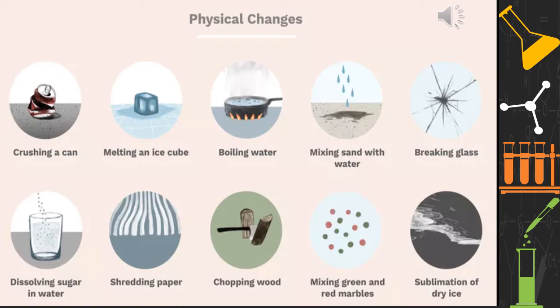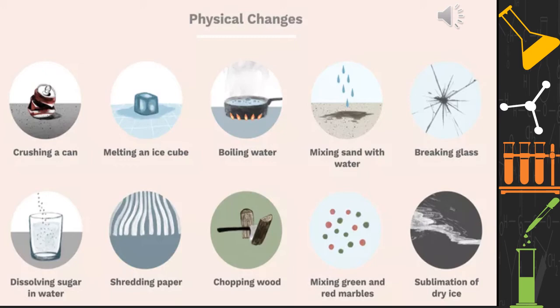Mixing sand with water. It's again a physical change where sand has been mixed with water. No new chemical substance has been formed. Hence, it is a physical change. Breaking of glass. Glass has been broken into pieces. There is no new substance being formed.